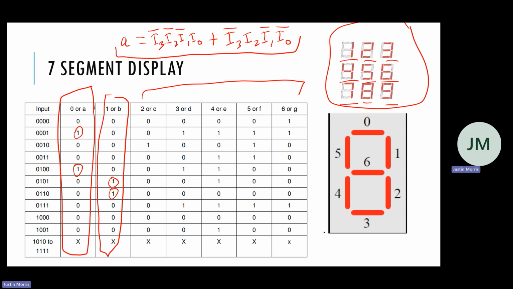Are you talking about like input here? Yeah, so if input is 0, it means I want to display a 0, right? So the only one that I want to turn off is this segment here. So that's the one that's a 1.